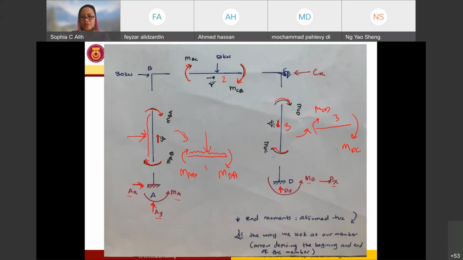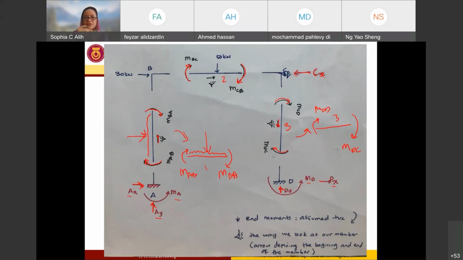For D, 3 reactions, for my support at A, 3 reactions, and for support C, since it is a roller support, it is only restricted to move in the horizontal direction, in the X direction. So I will have only one support reaction, which I note as CX.